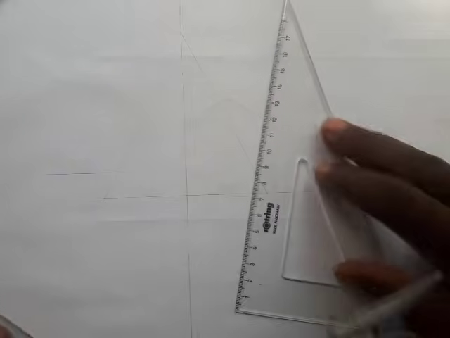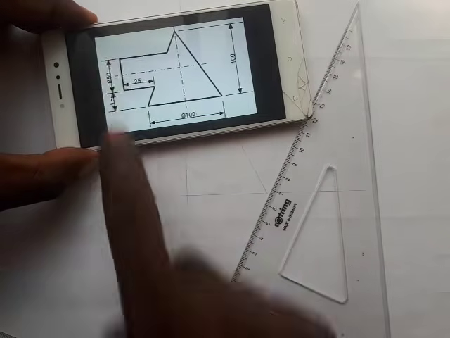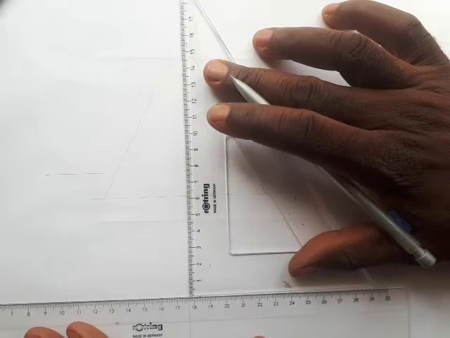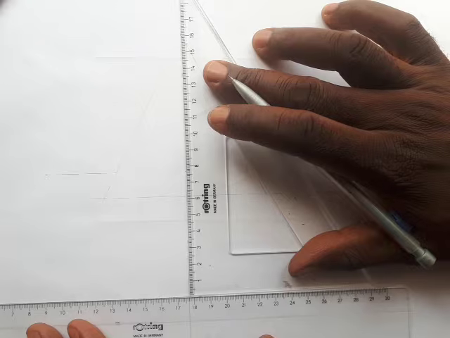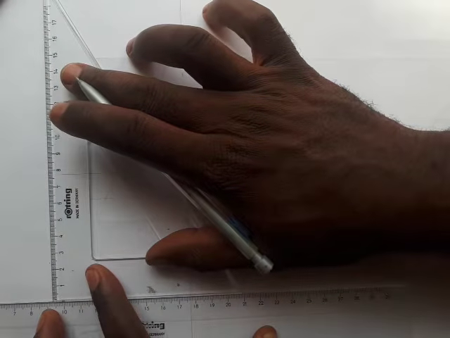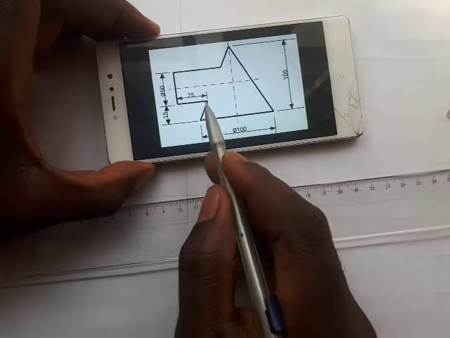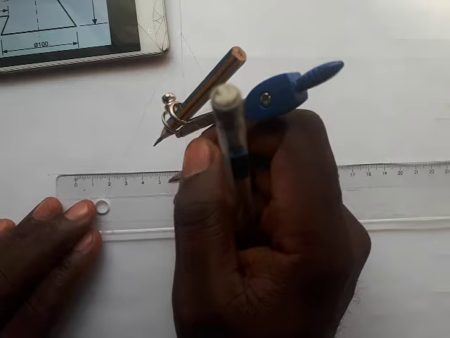Next I'm going to drop a perpendicular here. Align your set square with this vertical line properly and transfer to this point. Sorry, I haven't measured that. This distance is 25, so I'm going to measure 25 from here.